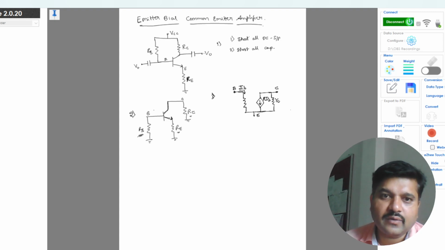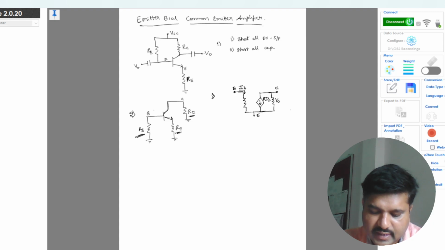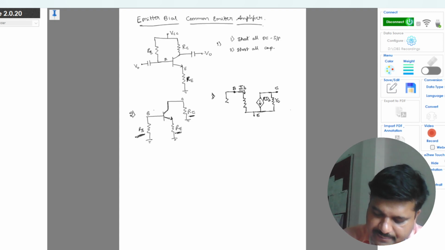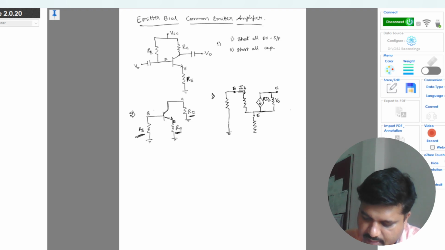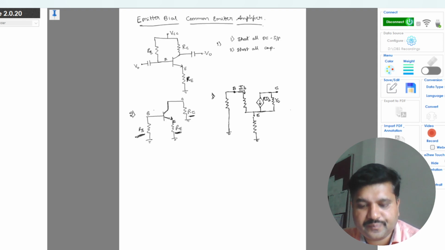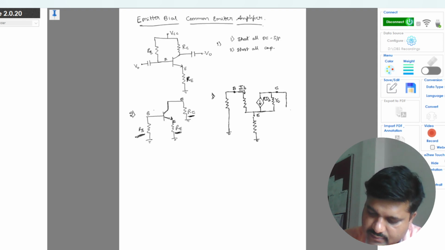Now along with this you have the other three components: RB, RE and RC. RB is connected from the base terminal to ground, RE from the emitter terminal to ground, and RC from the collector terminal to ground.